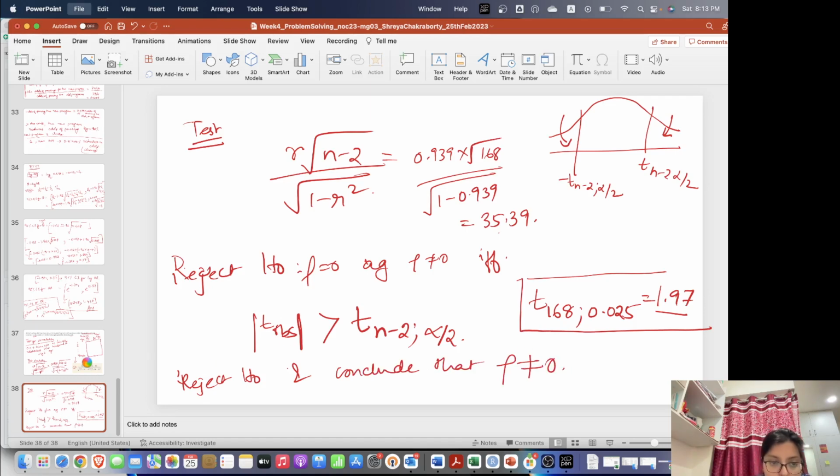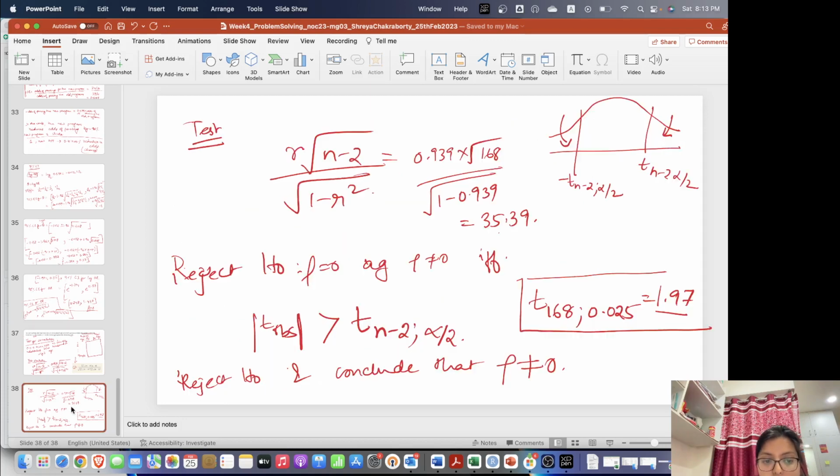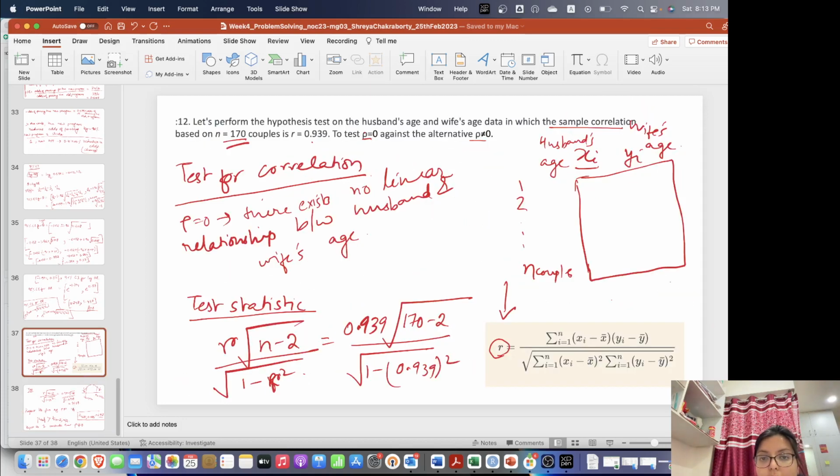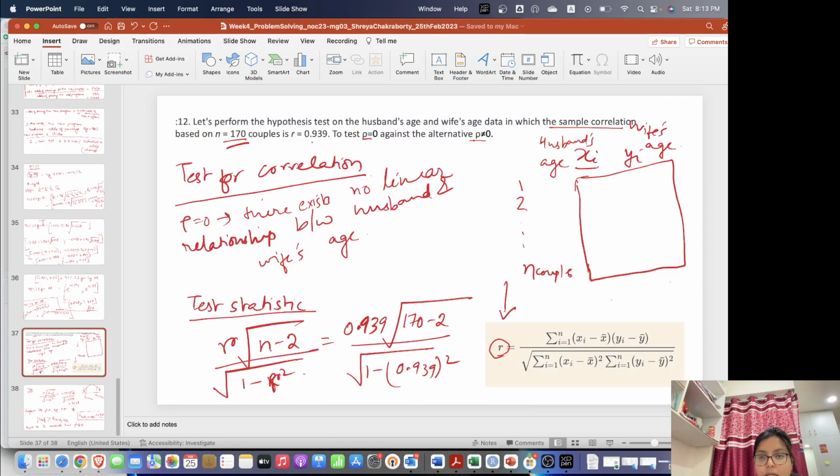What I want to point out is that even though r is 0.939 based on our sample, we are getting evidence that the actual population correlation is not equal to 0. Based on this test, this difference from 0 is statistically significant.